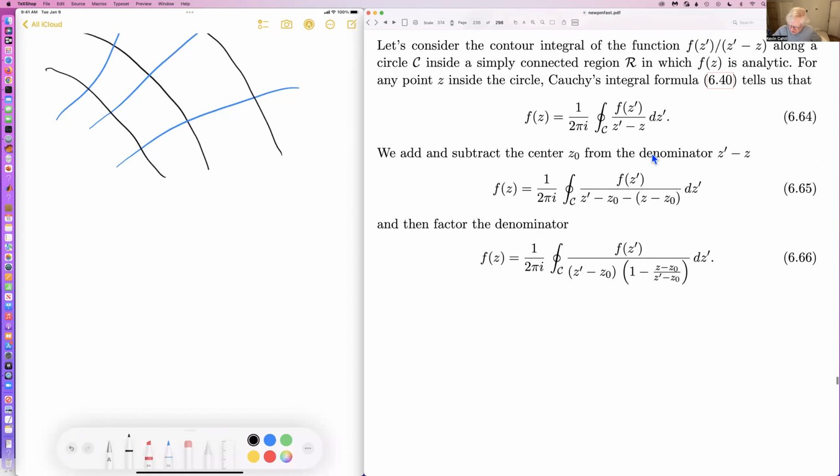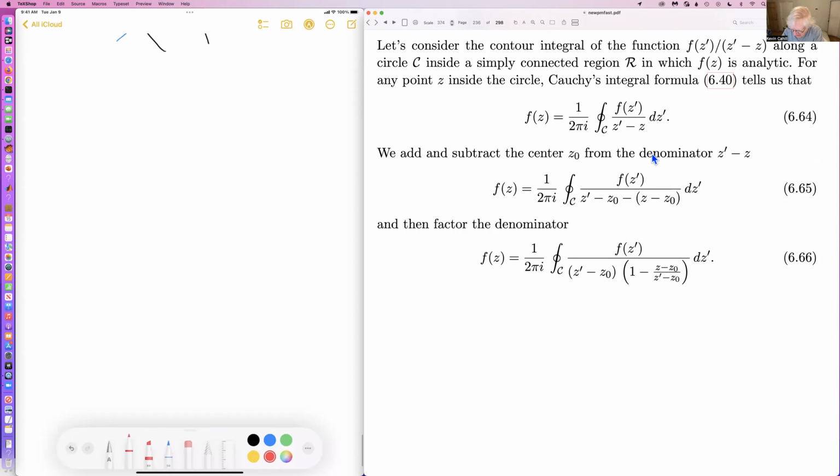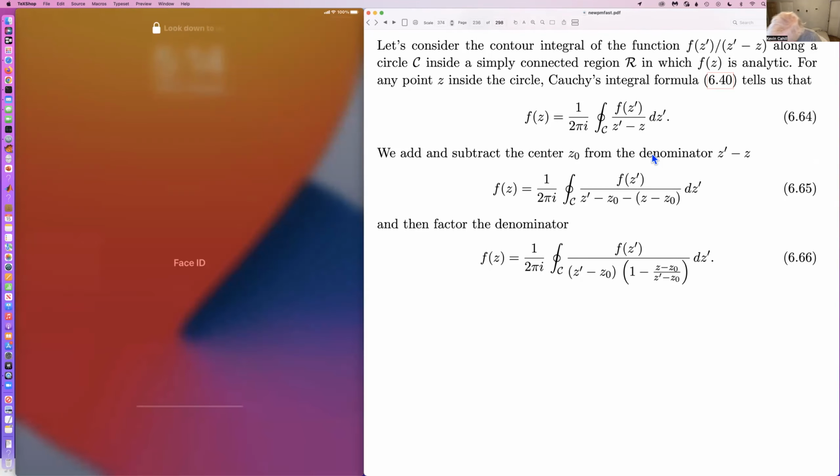And then what we're going to do now is we're going to have a particular point. So let me get plenty of space.